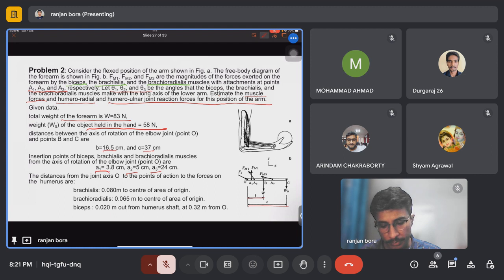And the distances from the joint axis point O to the points of action of the forces on the humerus are also given. In the case of brachialis, this distance is 0.08, brachioradialis 0.065, and biceps 0.02 meter out from the humerus shaft and at 0.32 meter from O.